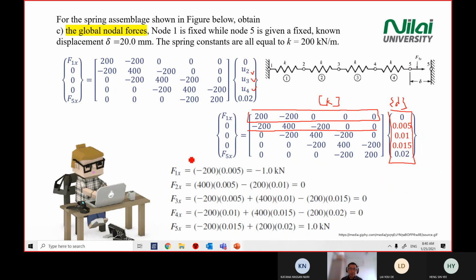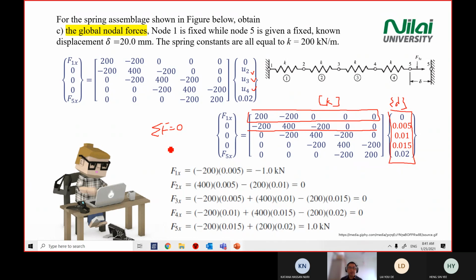And when you do your calculation in the exam, how do you check your answer is correct? All the forces must be 0. Your system must be in equilibrium, where if you add all the forces together, you'll get 0. On the screen here, you see that if you add negative 1, 0, 0, 0, 1, your total force will be 0.